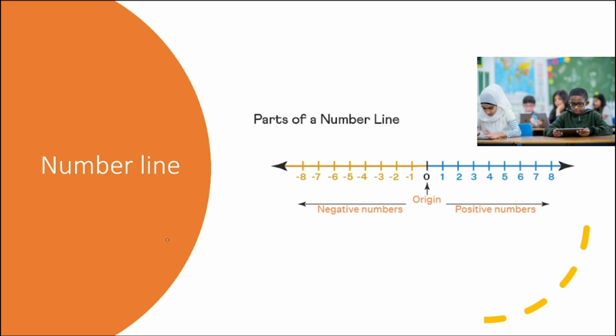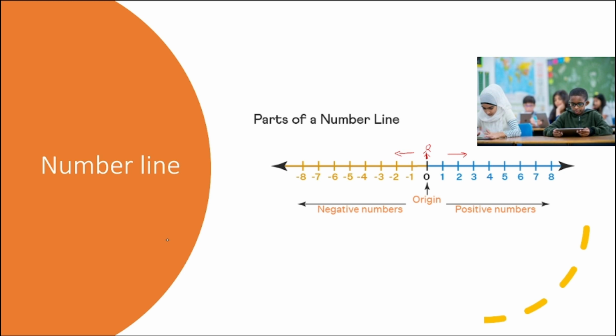Now, comparing with the positive numbers, all the numbers on the right side of 0 are greater than all the numbers on the left side of 0.